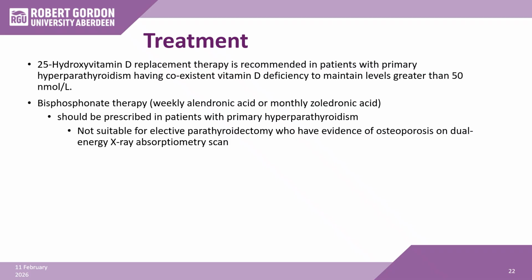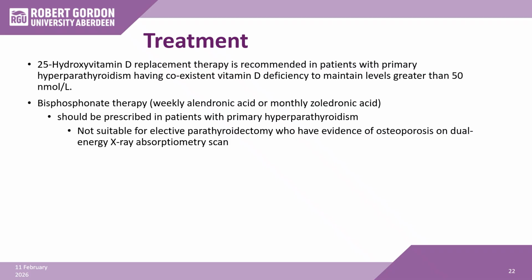And also bisphosphonate therapy, which is routinely weekly alendronic acid or monthly zoledronic acid, should be prescribed in patients with primary hyperparathyroidism who are not suitable for elective parathyroidectomy and who have evidence of osteoporosis on dual energy X-ray absorptiometry scan.